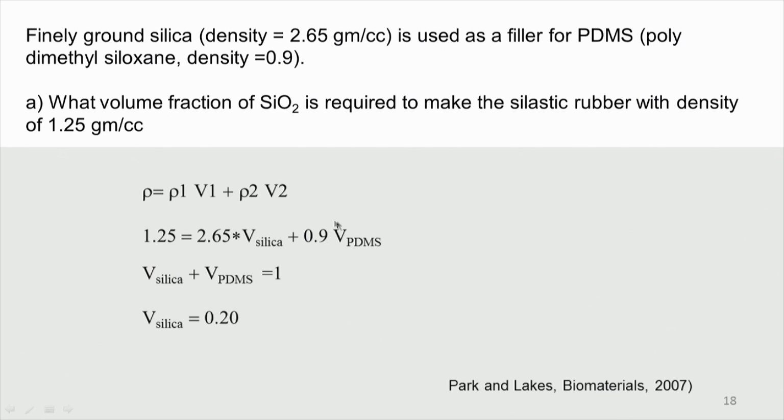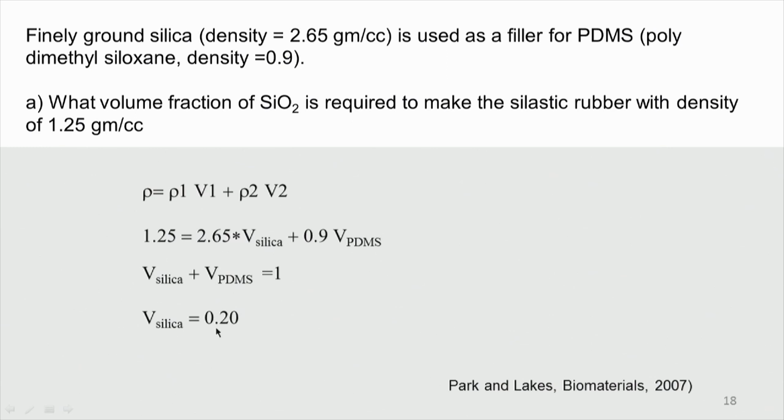Now, this fraction and this fraction add up to 1, that everybody knows, right. So, V PDMS we can put as 1 minus V silica. So, from that we can calculate the volume fraction of silica. Volume fraction of silica is 0.2. So, I need 0.2 volume fraction or 20% silica to achieve a density of 1.25 for the composite.